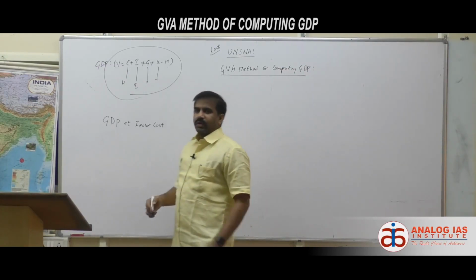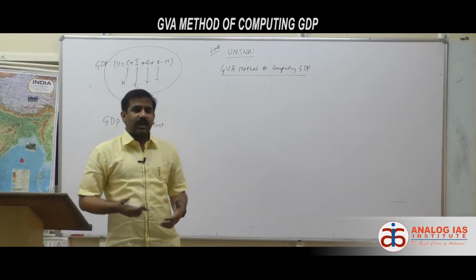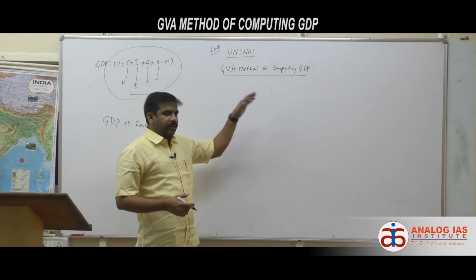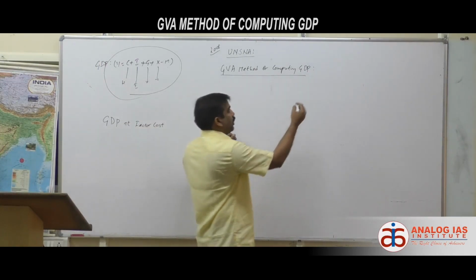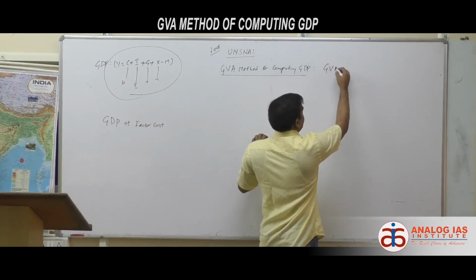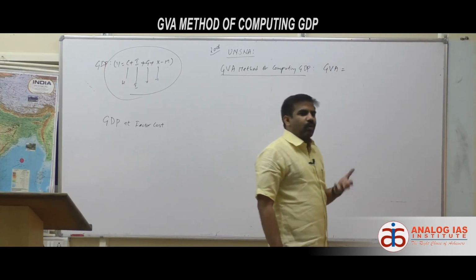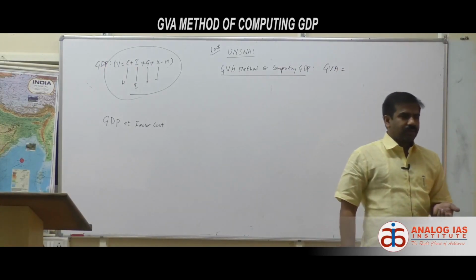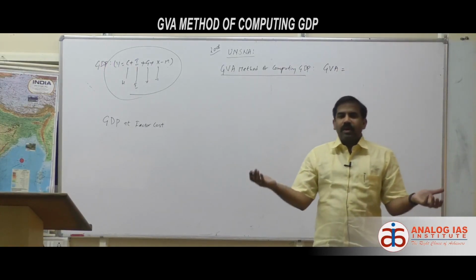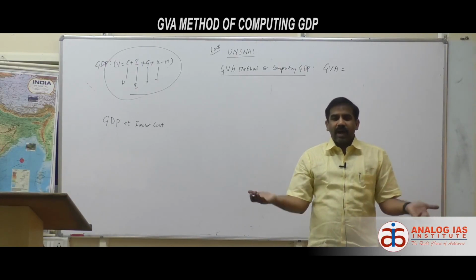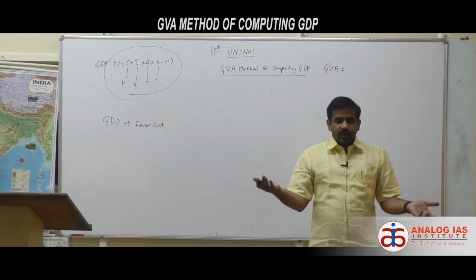Before going into how to compute and the formulas that are required, let me explain what exactly gross value added is. I think you might be able to decode what value addition is. Let's say I have raw material in my hand, let's say barley.